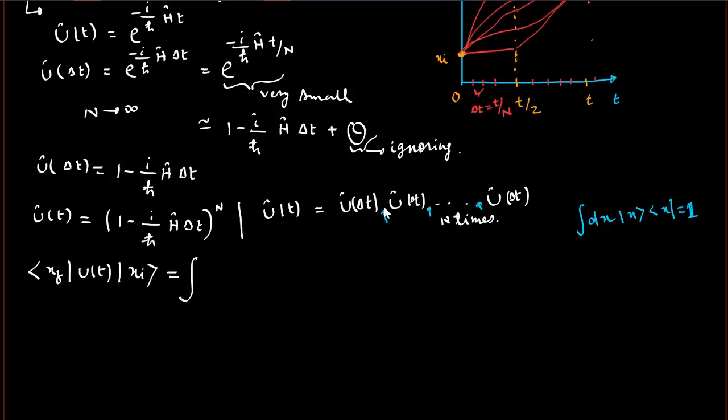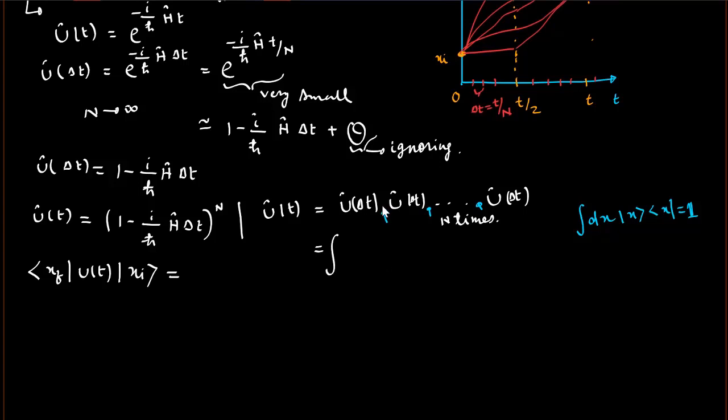So if you introduce here, starting from the initial position to the final position, this is the x1 into this x2 x1, and this initial position is x0. So I can write this term as this. Let me first write this term. I can write this term as this thing.